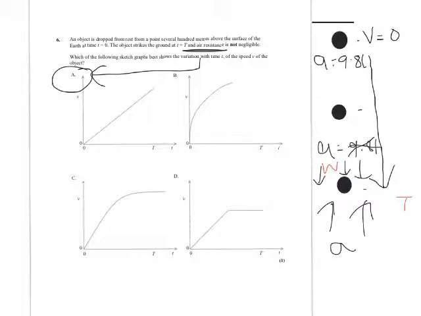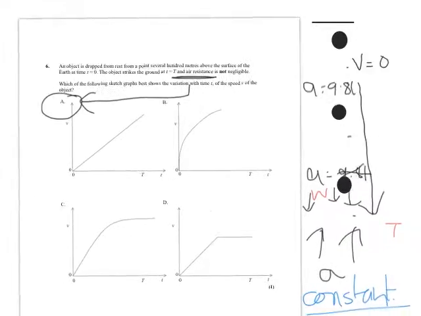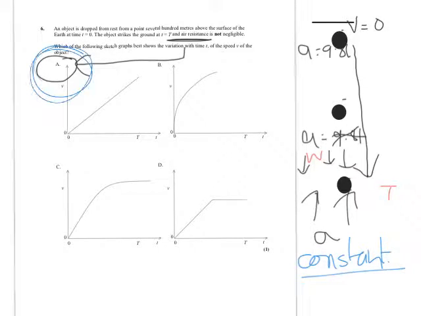So eventually the ball will hit a point where it becomes constant. So what we're looking for is graph A, but with the acceleration slowly stopping so that the velocity doesn't increase linearly anymore. It peters off until it gets to a constant velocity. So the correct answer would be B, like that.